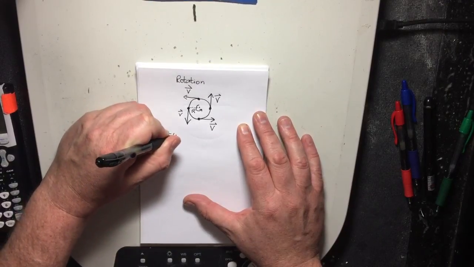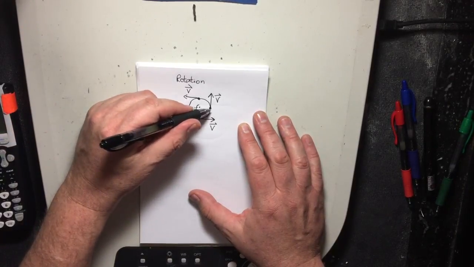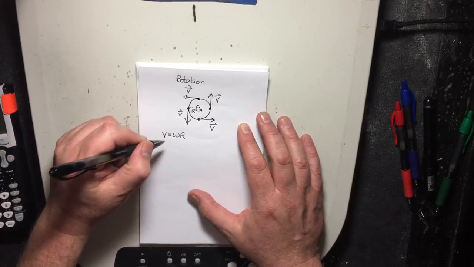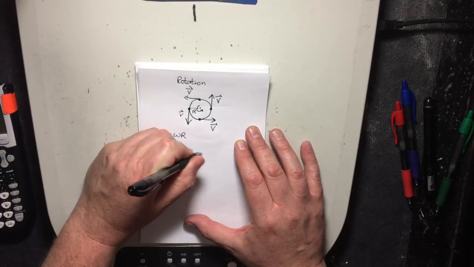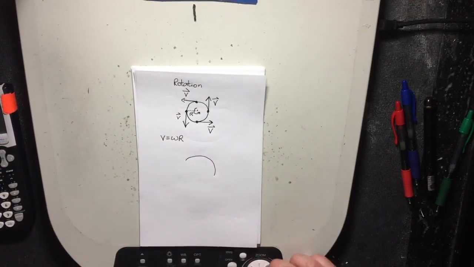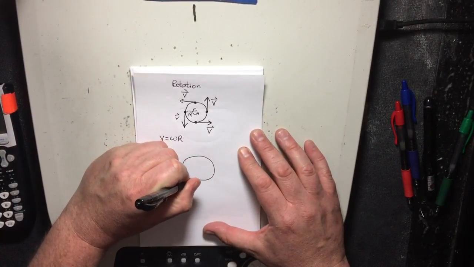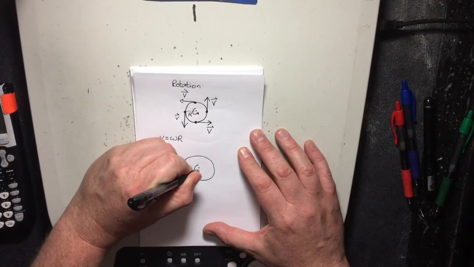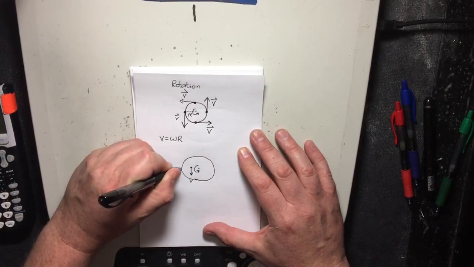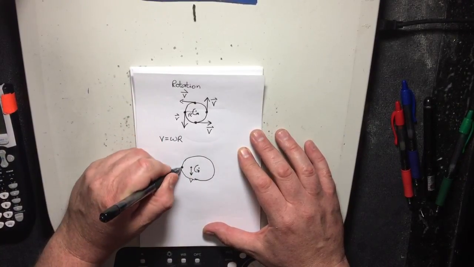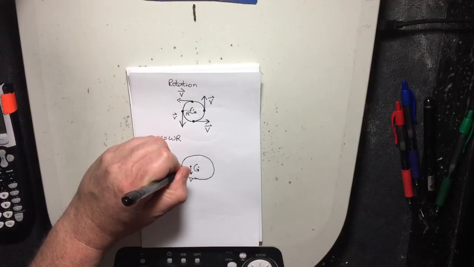There are a few things that we need to understand: v is equal to omega r. The linear velocity of that point is related to the product of its angular velocity and its radius. So if you had a circle and it was rotating like that, if you were at this point there, you will have a particular velocity, but if you're further out, the r is bigger, so the velocity is bigger, which kind of makes sense.